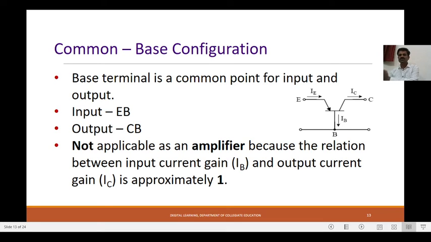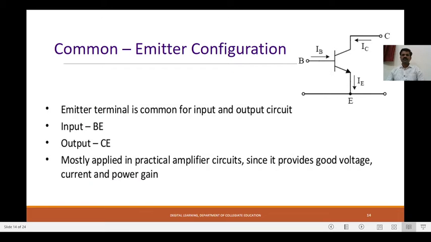If the output is 2 and the input is 1, the gain is 2. It is the ratio of output to input. Any units you can take, milliampere or microampere. It is a ratio again, and in that ratio the units get cancelled. The resulting ratio gives me the gain.